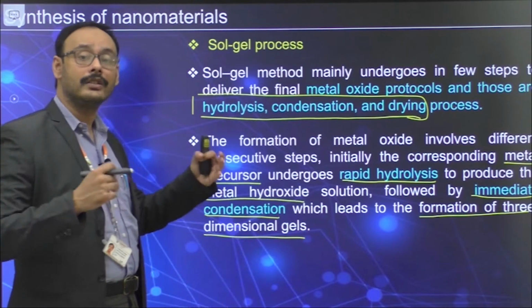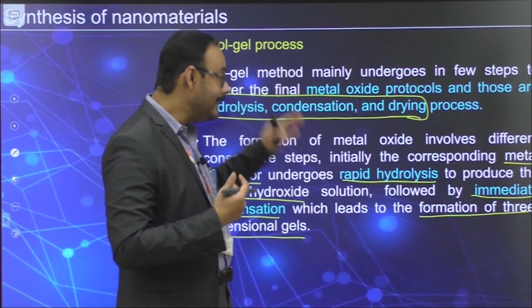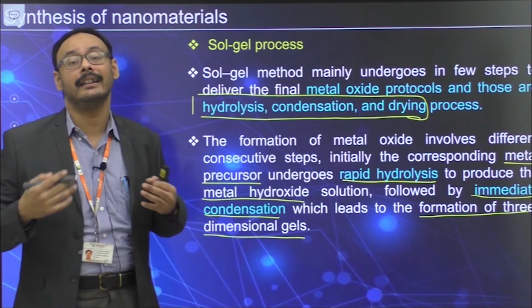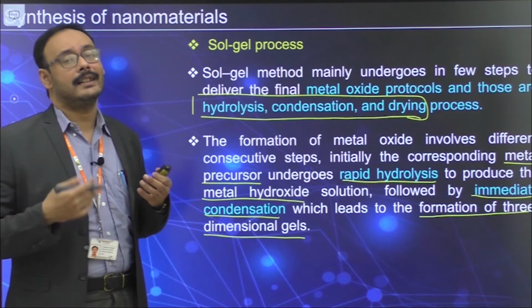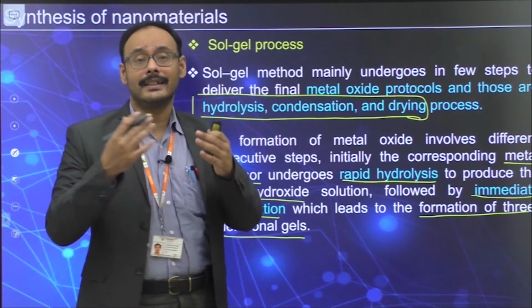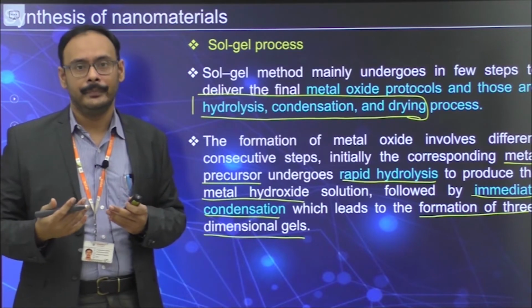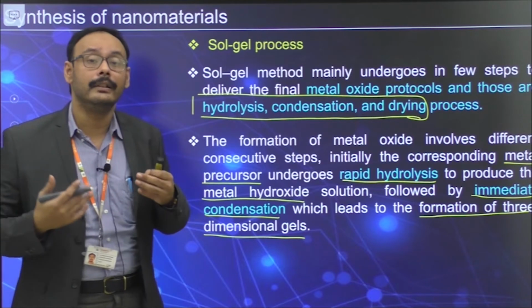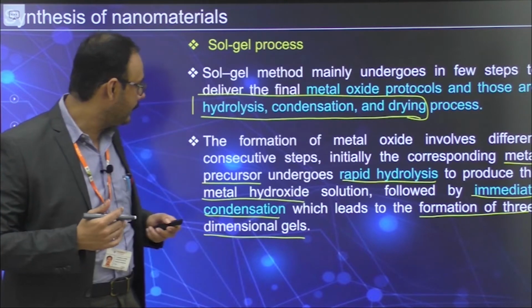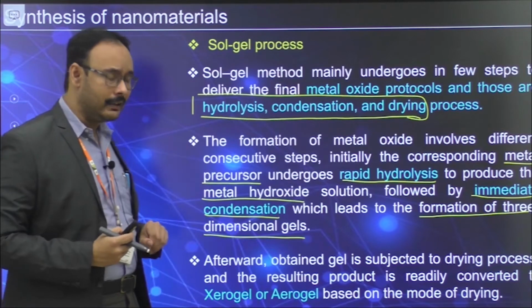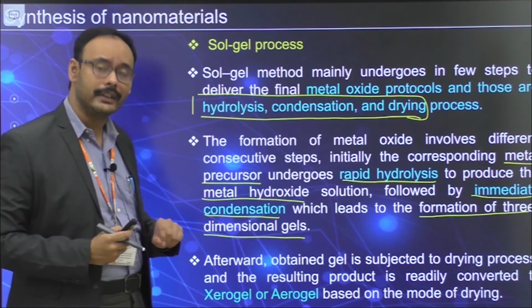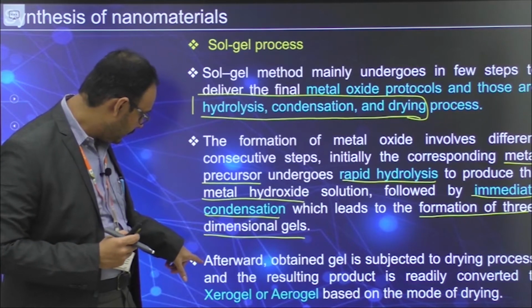Now gels or sol, whatever you are forming, these are the steps that are important. So as far as the reaction is concerned, let's try to break this process down in terms of reactions, so that it will be easier for us to understand. Once you form the gel, we will start looking into reactions in a moment.